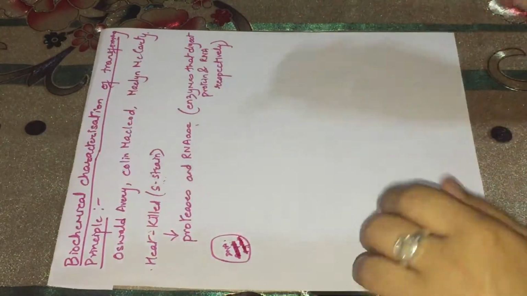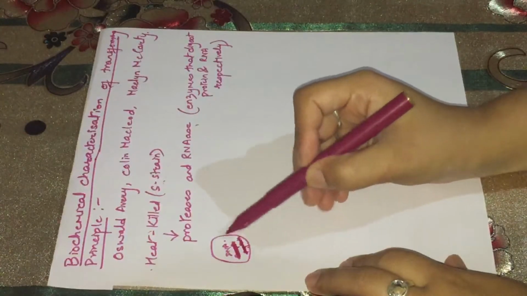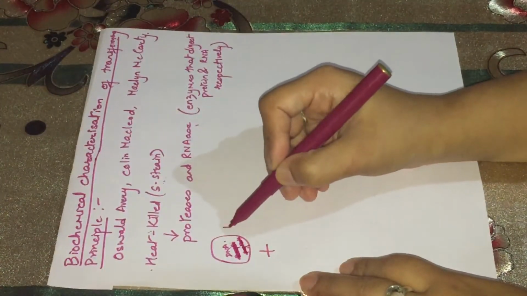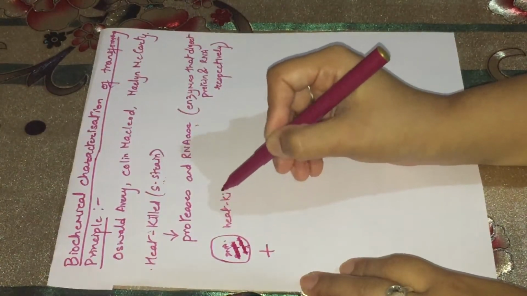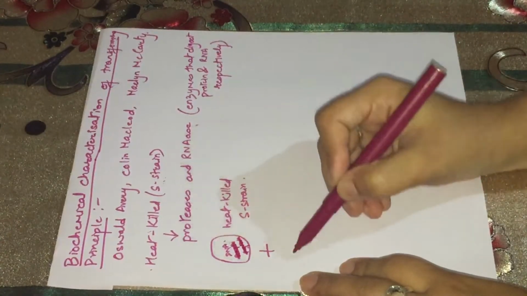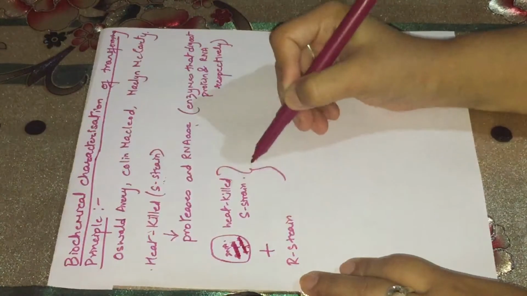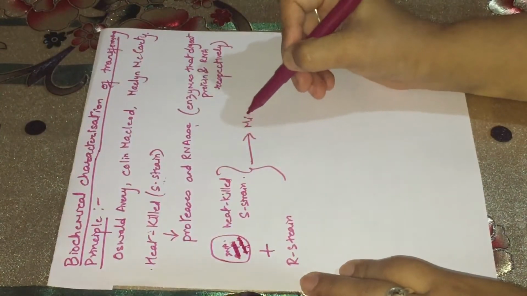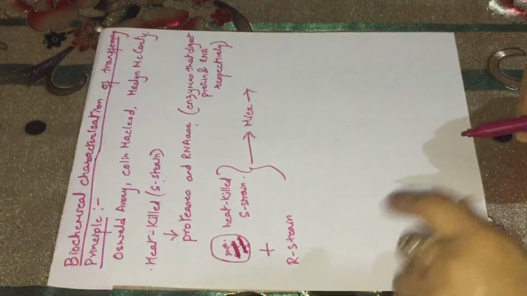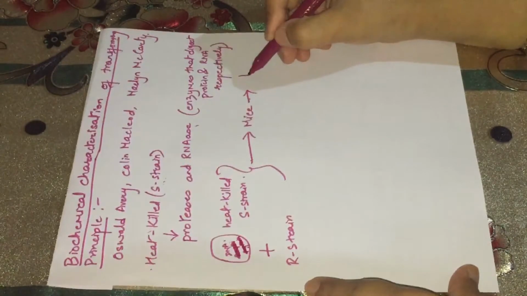Then this heat killed S strain bacteria plus R strain bacteria, which was non-virulent, were together injected into mice again. Now what happened? To their surprise, the mice died.